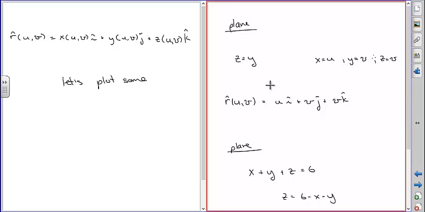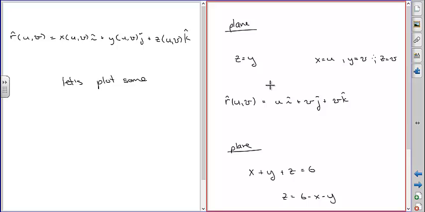It's the plane z equals y. So there, x equals u, y equals v, z equals v. That's the vector that defines that surface in terms of u and v. The bigger u and v probably go from negative infinity to positive infinity, because that plane goes out in all directions.